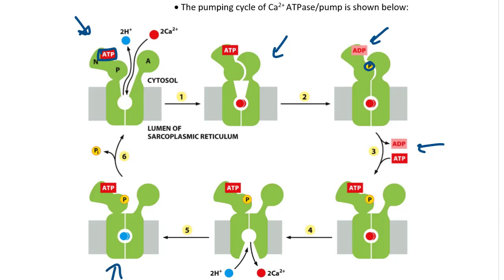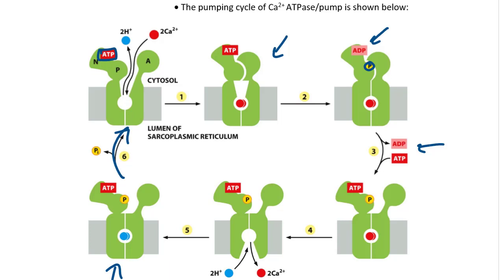But once that happens, you go to that step, and now it's back to that occluded state with ATP bound, and it's phosphorylated. And the next step is that it gets dephosphorylated. And once it's dephosphorylated, you're back to the original step, because at this point it's going to open up, and H plus will be released, and the binding site is open again for calcium.